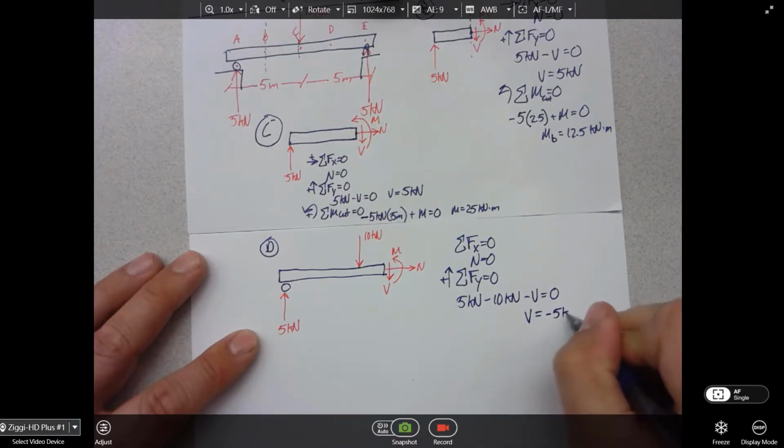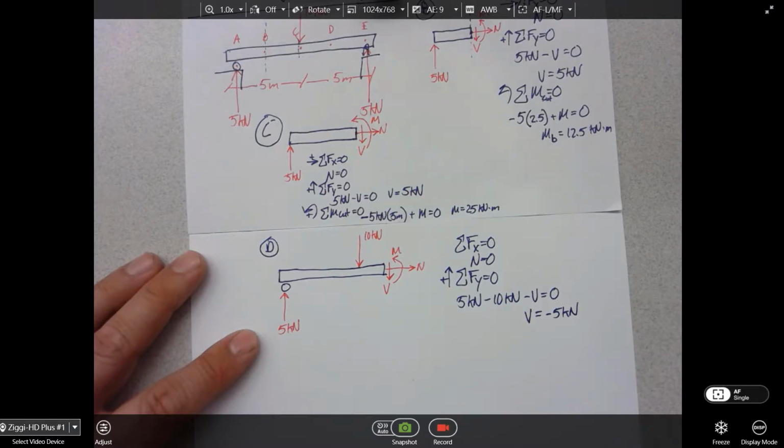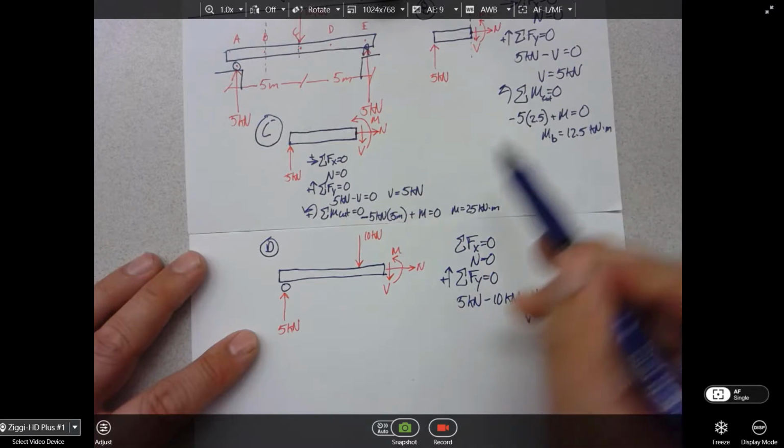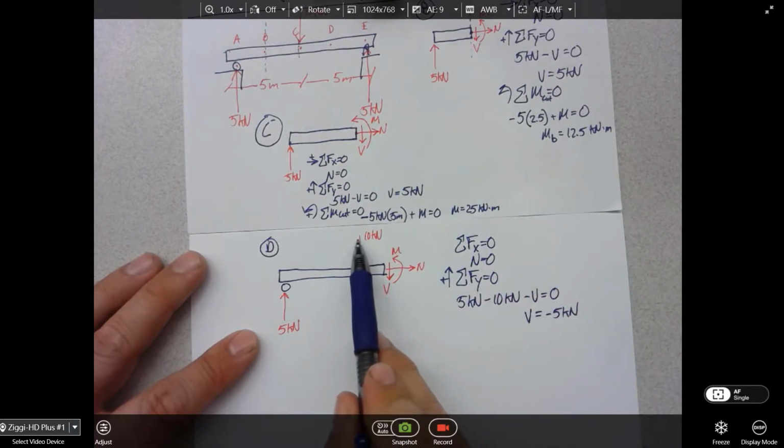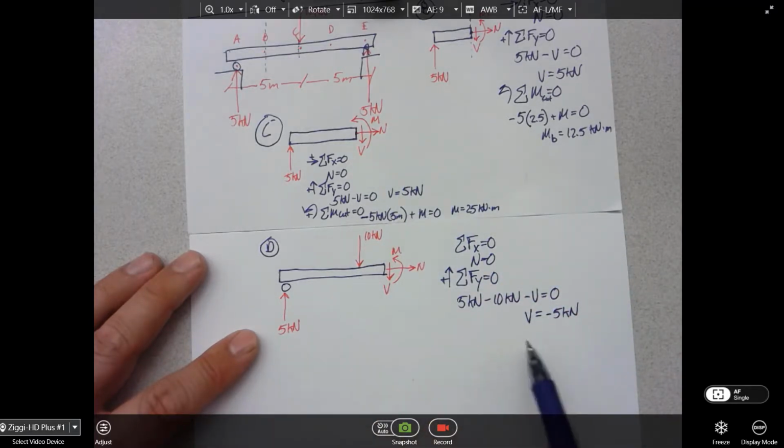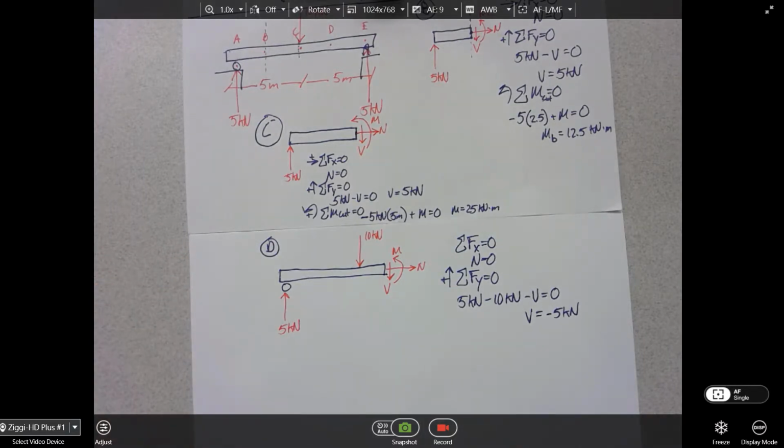Negative 5 kilonewtons. Okay. So before it was 5 kilonewtons until we hit this 10 kilonewton concentrated load, and then it flipped directions and is 5 the other way. Yeah. But don't we, if we just do this from the other side, we get the V is pointed up now, and it'd be +5. So let's finish this and then we'll do it from the other side.